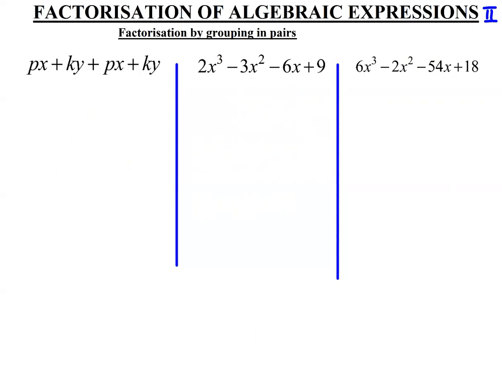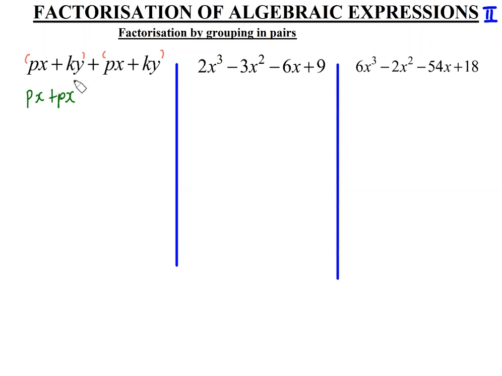Let me do again like what I was doing in the previous. Then what you need to do here is that what can you factor out on the first two, and what you can also factor out on the second two. But what you see here is that you need to rearrange them. You need to rearrange them and write px plus px.